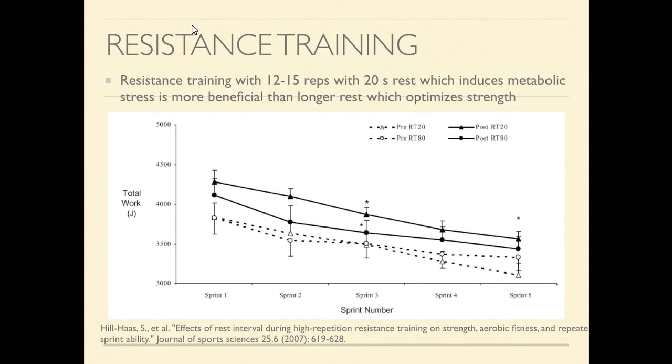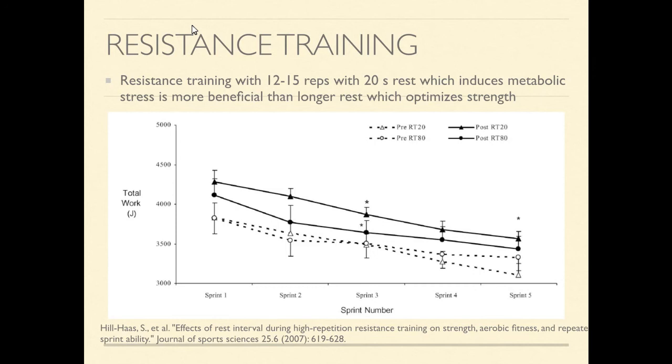We also, again, see here that resistance training at 12 to 15 repetitions with 20 seconds rest induces a lot of metabolic stress. If you look at the pre-values of how much work was done, with 20 seconds rest, which is the open triangles, to post, the closed triangles, they were able to perform more total work from sprint 1 to 5.